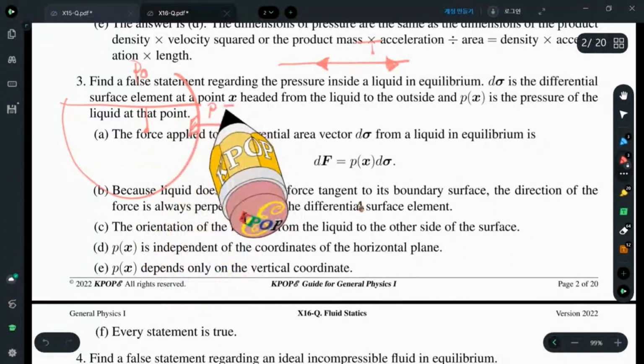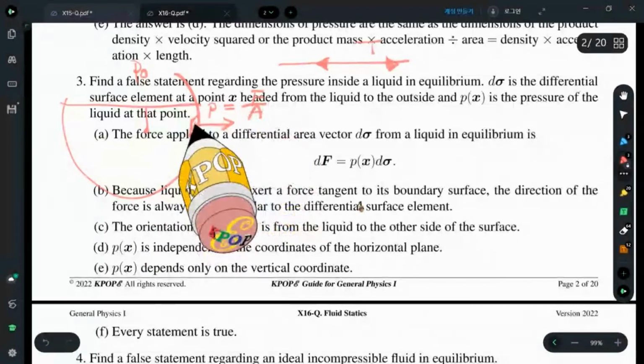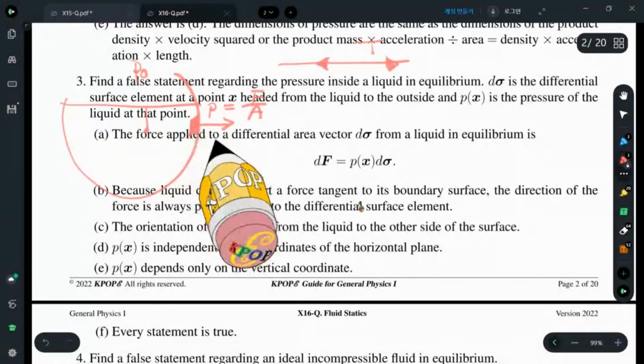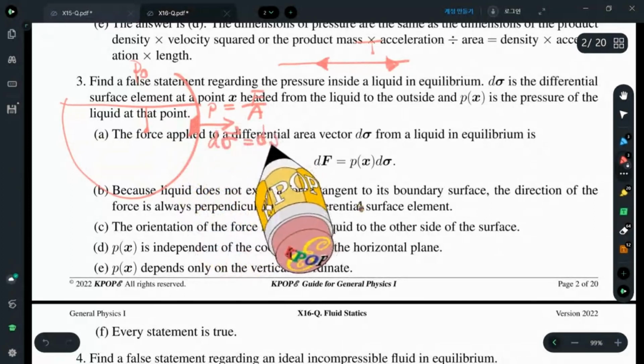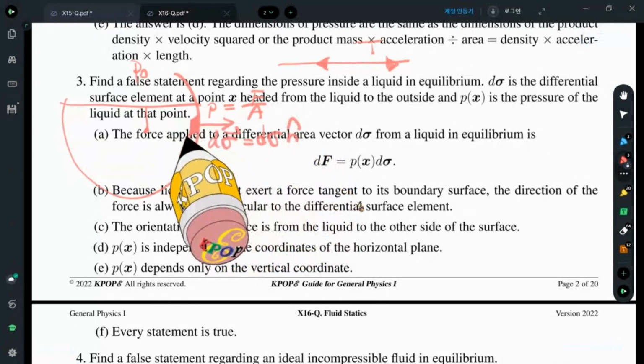And pressure is force divided by area. And if I choose a very small amount of area, then we have the sigma vector. That the sigma is the area multiplied by the unit normal vector to the surface.